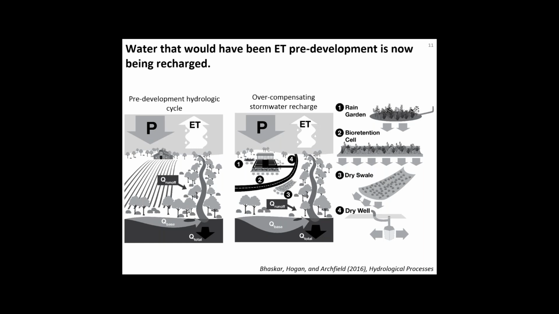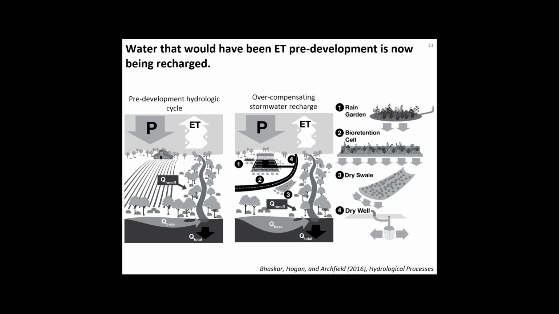And so here, some of the kinds of facilities that are implemented in this watershed are shown to the right. The kinds of stormwater facilities that have been used here are really focusing that stormwater towards recharge, and not necessarily providing a lot of opportunities for evapotranspiration, particularly underground facilities such as dry wells or storm drain recharge chambers that are completely underground.